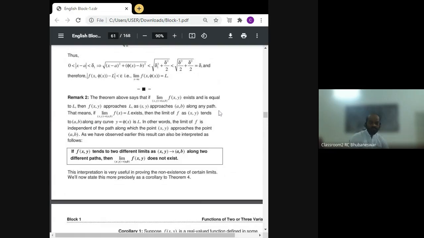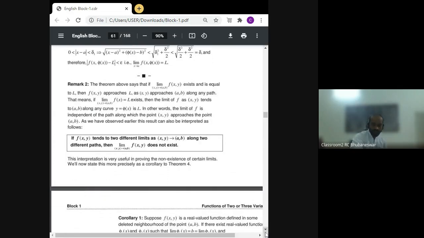That means it is path independent, because the points (x,y) and (a,b) lie in a particular plane and we can move through any path from (x,y) to (a,b). If the limit exists, the limit will be path independent.